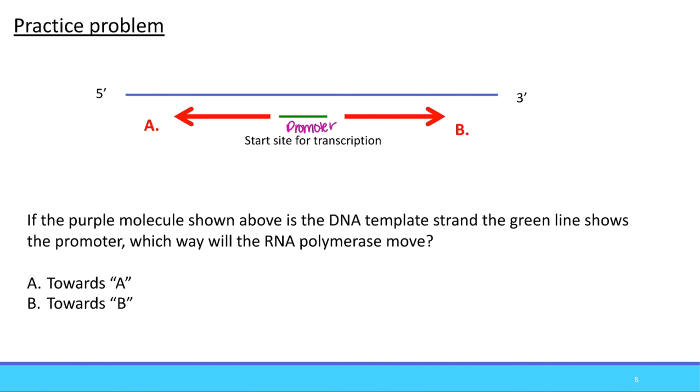All right, hopefully you have paused the video, and we're going to walk through this problem together because this is asking us to put a lot of pieces together. There's a couple key points that we have to remember. Number one, all nucleic acid synthesis is templated. So that means that we have to have a nucleic acid that we read.